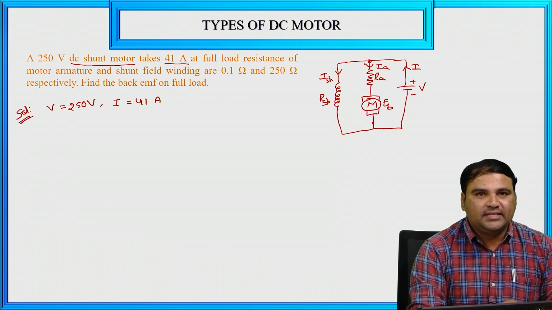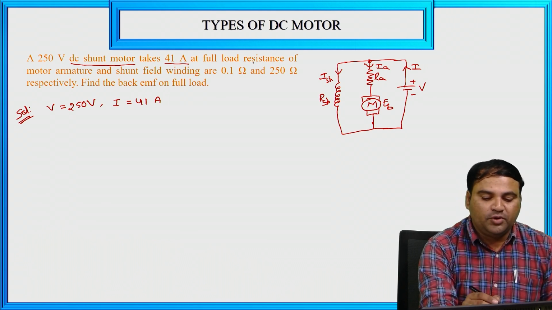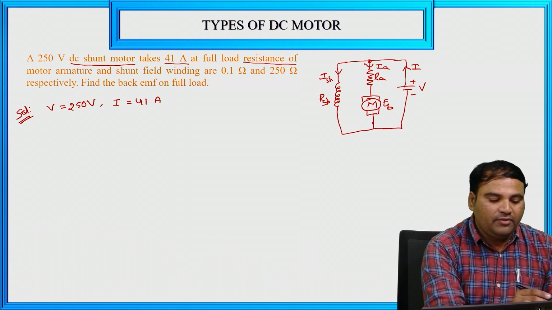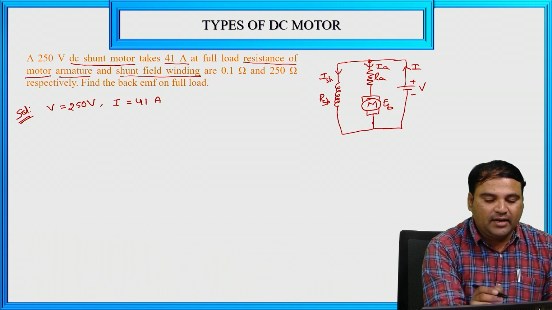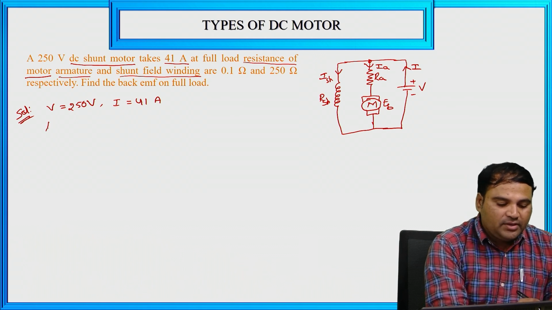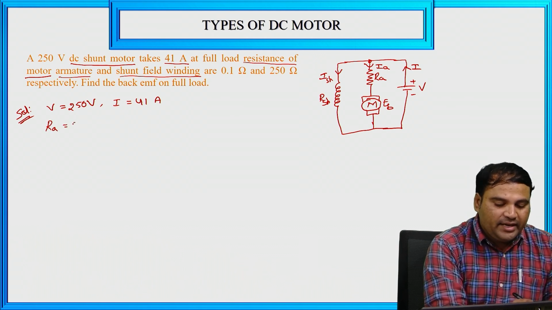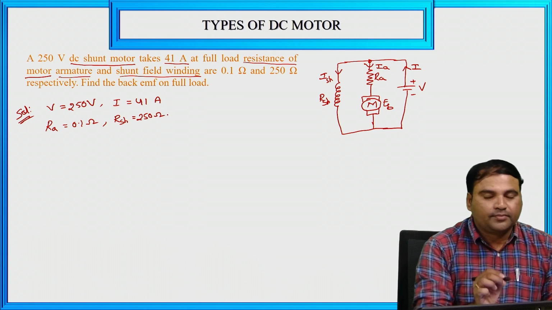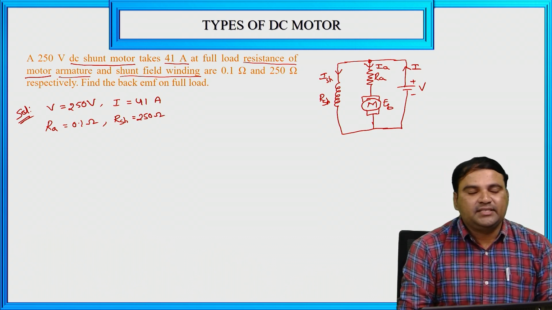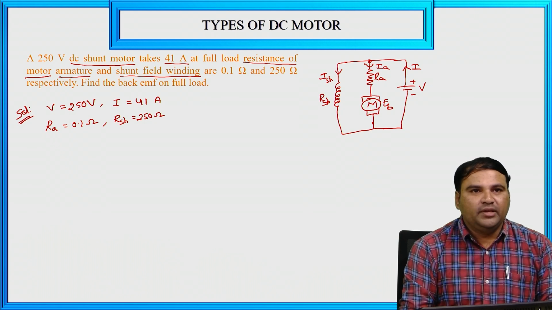The armature resistance RA equals 0.1 ohm and the shunt field winding resistance RSH equals 250 ohm.